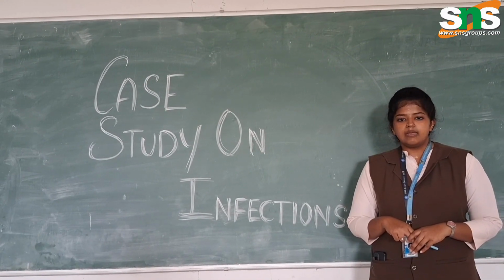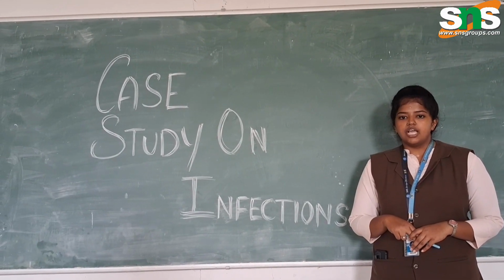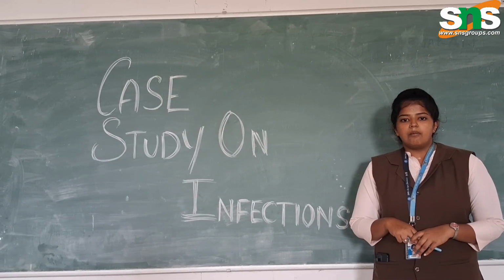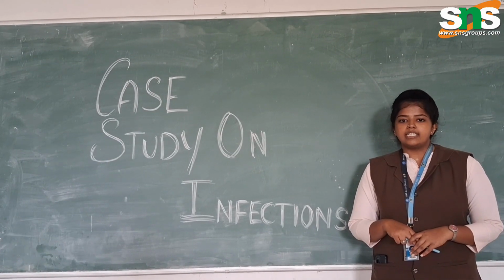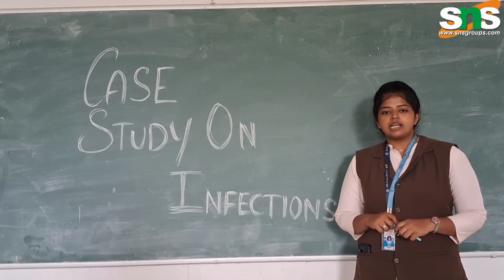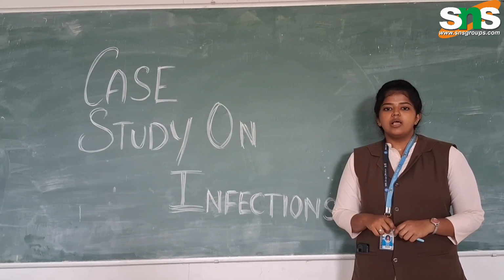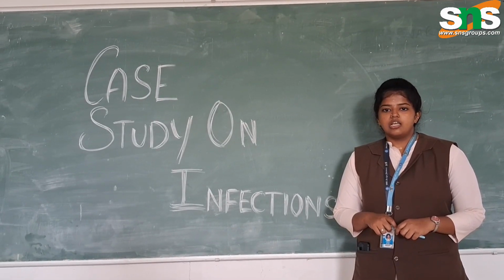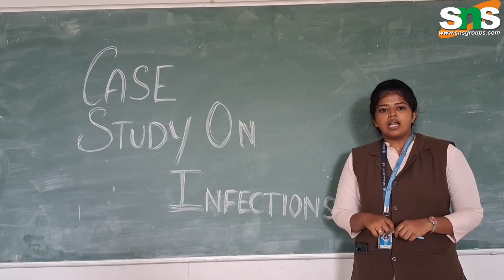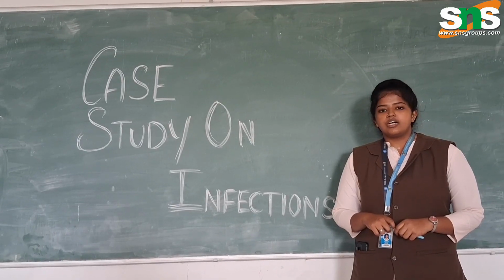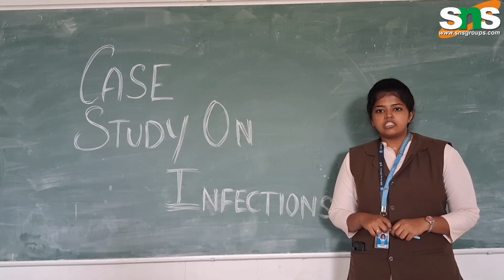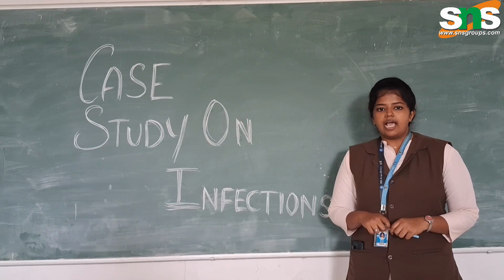Treatment was started immediately. The patient received antibiotics such as amoxicillin to control bacterial infection. Oxygen therapy was given to maintain proper oxygen saturation. Antipyretics were administered to reduce fever, and the patient was advised to take adequate fluids and rest.